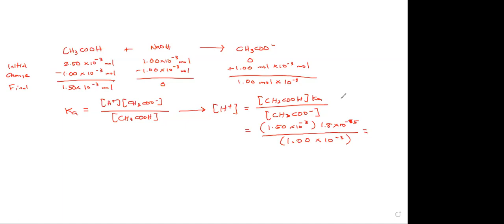2.7 times 10 to the negative 5. So you get the pH of that. So that will give you negative log of 2.7 times 10 to the negative 5. And that is equal to what?